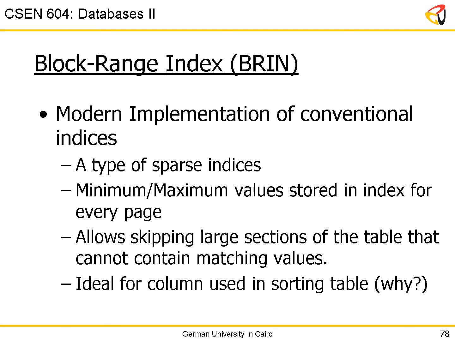Now, if you're building a BRIN index on the column used in sorting the table, that's the best scenario. Why? Because the values in that column are already sorted, because you're using it to sort the table, the rows.